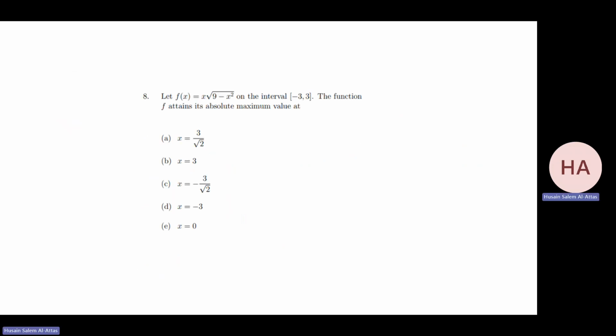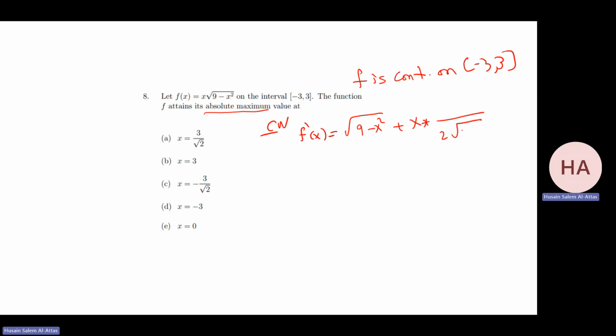Okay, next one. The function attains its absolute maximum. Same idea. First, f is continuous on this closed interval, so let's find the critical numbers. F prime is product rule: derivative of the first times the second, plus the first times the derivative of the second. 2 root 9 minus x squared, minus 2x.